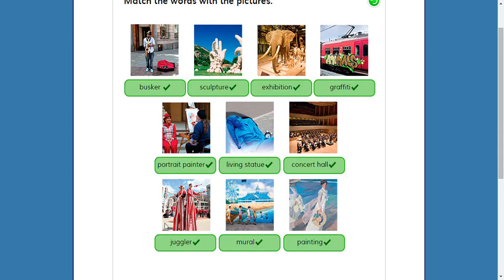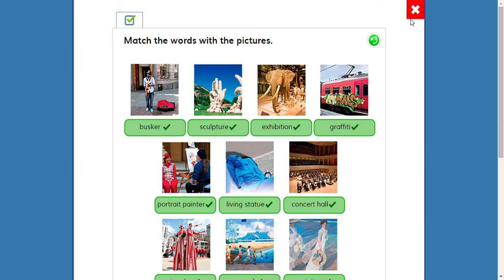Excellent! This is our vocabulary: busker, sculpture, exhibition, graffiti, portrait painter, living statue, concert hall, juggler, mural, and painting. So you can take notes and I can continue.